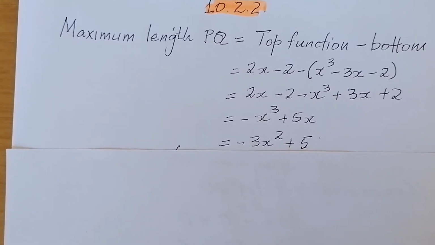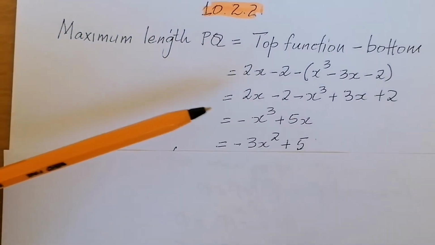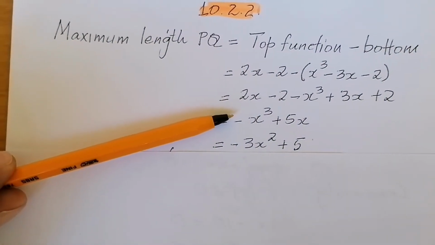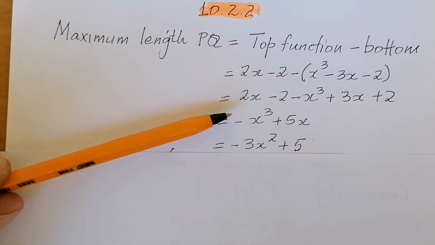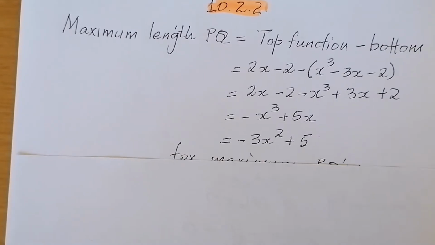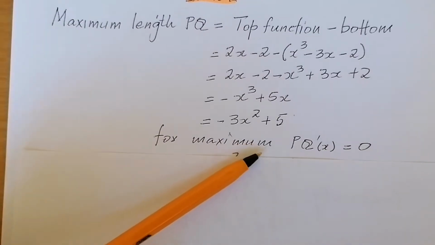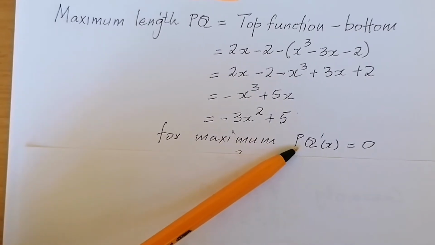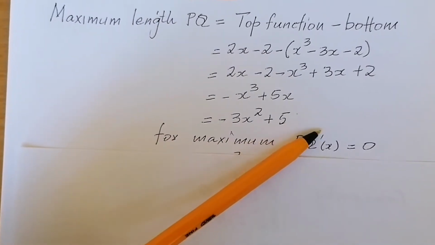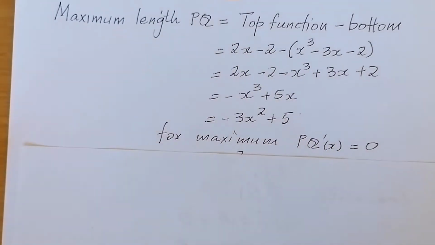Now, for maximum length, the derivative of this function with respect to x must be equal to 0. That means I must equate this to 0. That is what I'm saying here. For maximum length, PQ prime, which is the derivative with respect to x, is 0.